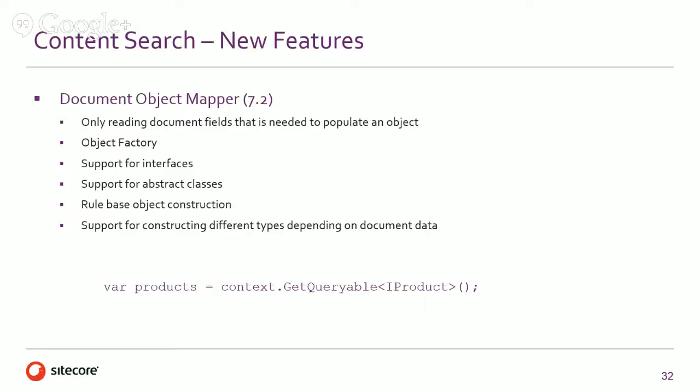Of course, all these pieces around the object mapper, these are something you can configure. So if you need to modify the behavior of the object factory, or you want to roll your own completely, you can change that out with the config settings. And of course, the entire object mapper as well.